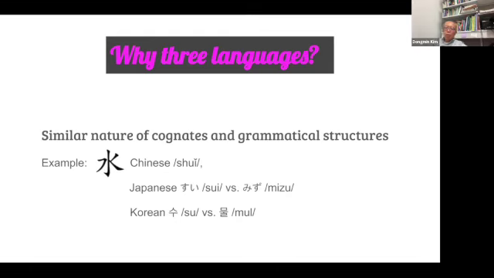For example, the Chinese character meaning water: the pronunciation in Chinese is shui, in Japanese sui, and in Korean su. Even though there is a distinction between Chinese pronunciation and the native words, even in the pronunciation there are a lot of similarities.